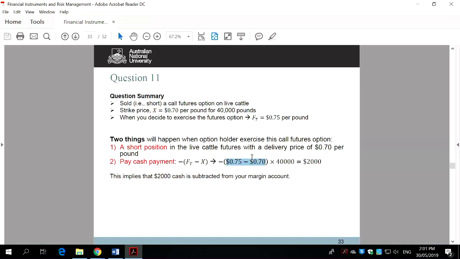Because you're short this call option. So that's why there's a negative sign in front of that. So as the call option writer you will lose this much, and because each contract is for delivery of 40,000 pounds, this is multiplied by 40,000, so you need to pay out $2,000. Okay, which means $2,000 is subtracted from your margin account.